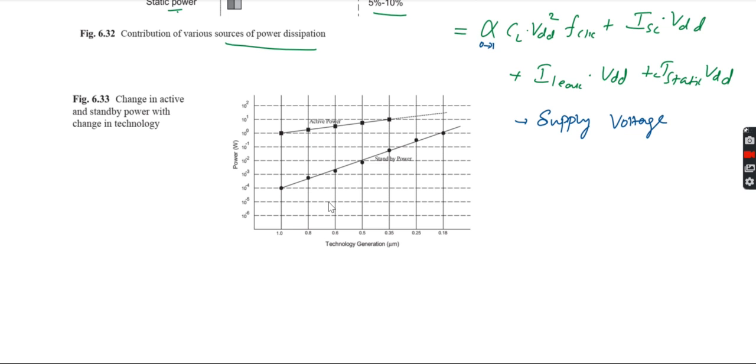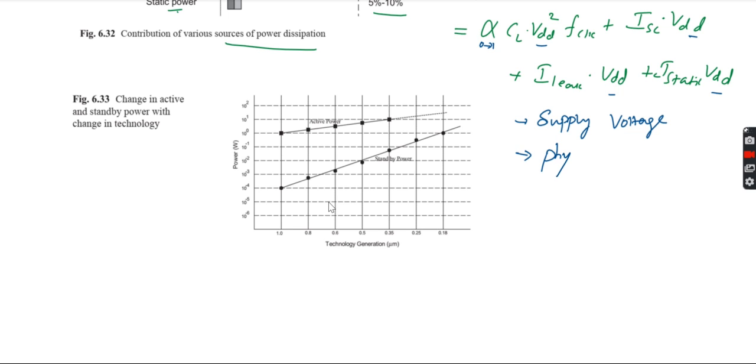We need to reduce the supply voltage. You can see V_DD, V_DD, V_DD everywhere. If I reduce V_DD, automatically the average power dissipation will get reduced. So that is the first factor.